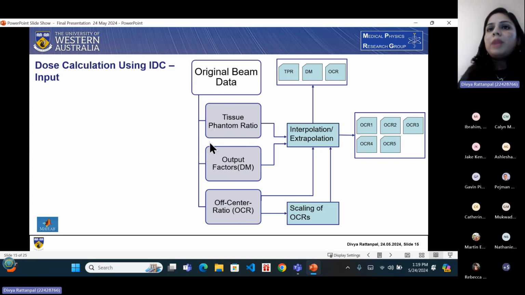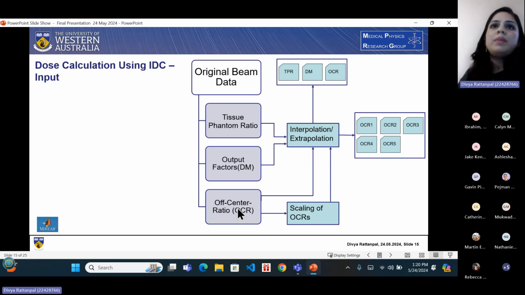The original beam data is read using the MATLAB code. These tables are interpolated and extrapolated to ensure comprehensive coverage for the dose calculation, and after interpolation and extrapolation, they are arranged into lookup tables.